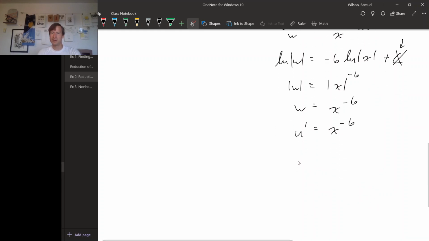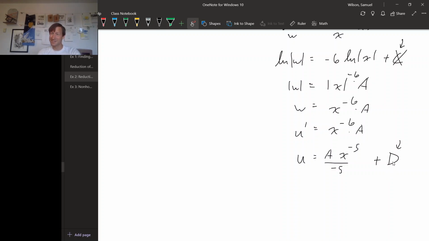And now we need to find u. So integrate. Actually, why don't I keep this constant? When we exponentiate, we get an arbitrary constant as a multiple. So now when we integrate, we get an arbitrary constant a times x to the minus 5th over minus 5, plus another arbitrary constant.